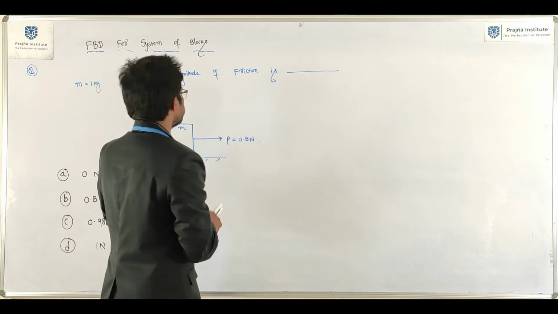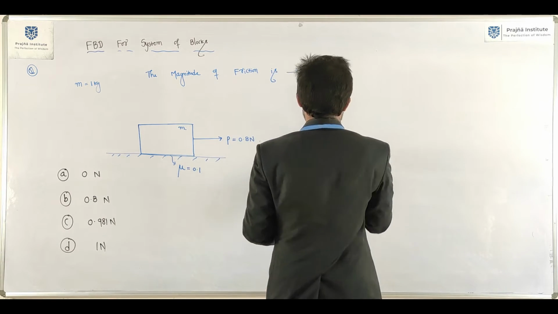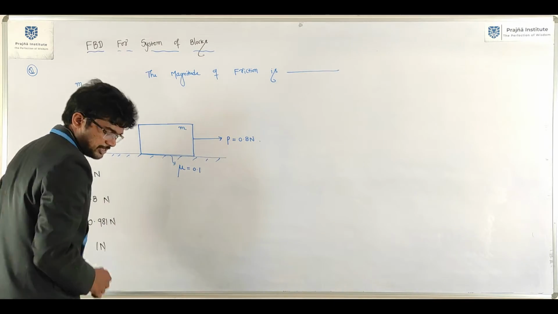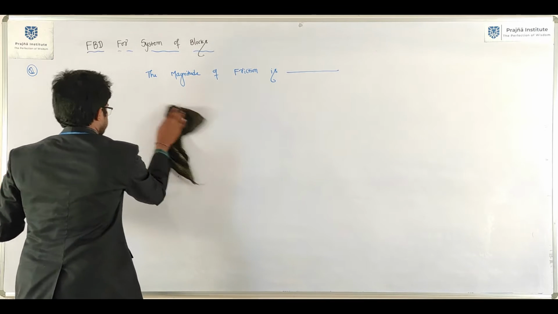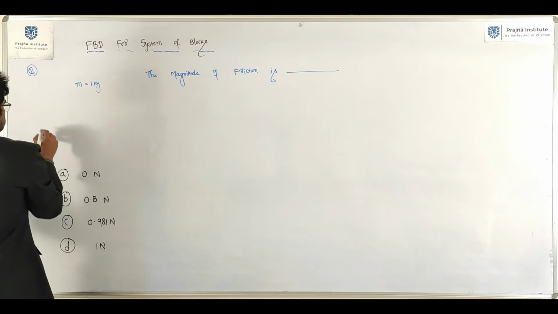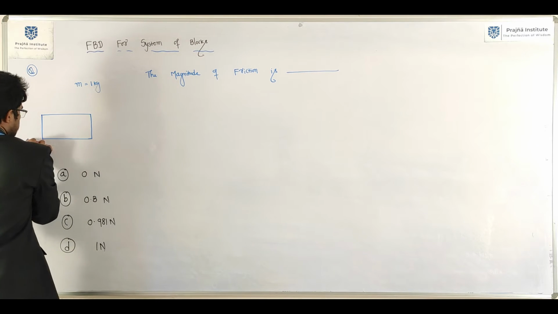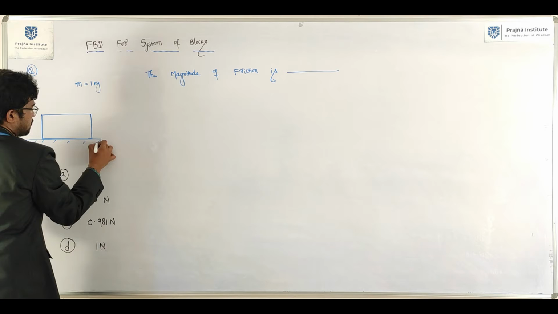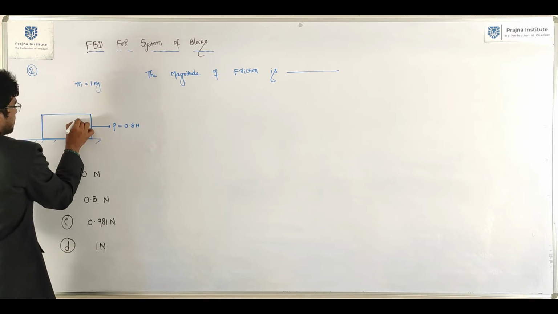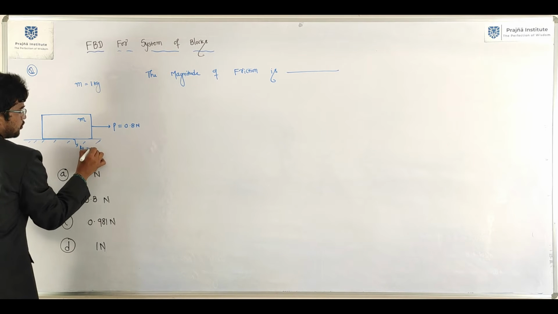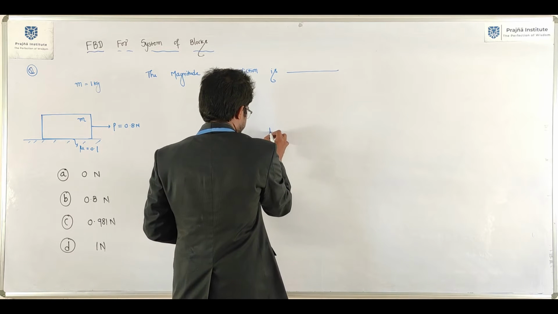Okay, it's very simple actually. I need full space. Just draw this block at the corner: a block resting on a rough horizontal surface, P equals 0.8 Newton, mass m, mu equal to 0.1. Now, see here.